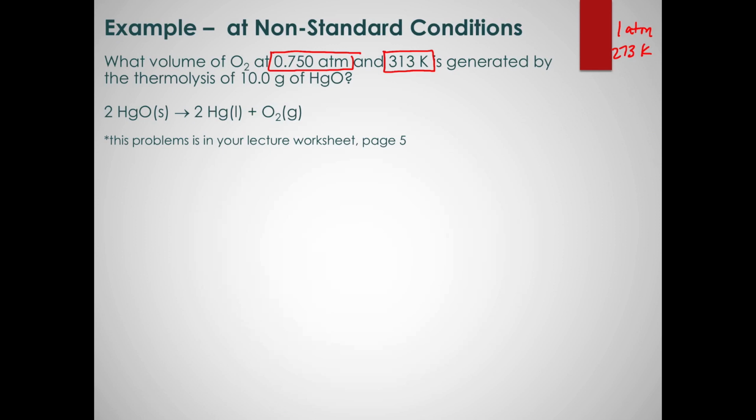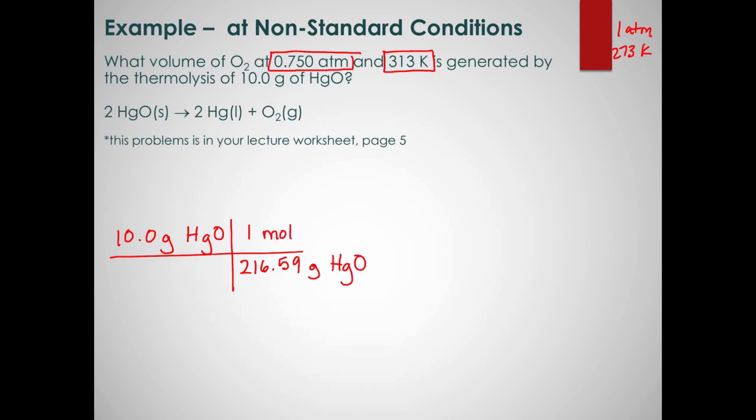We're looking for a volume of oxygen that's generated by thermolysis of 10 grams of mercuric oxide. So we have our starting material, and we can turn our grams into moles using the molar mass. So 216.59 grams gives us 1 mole.